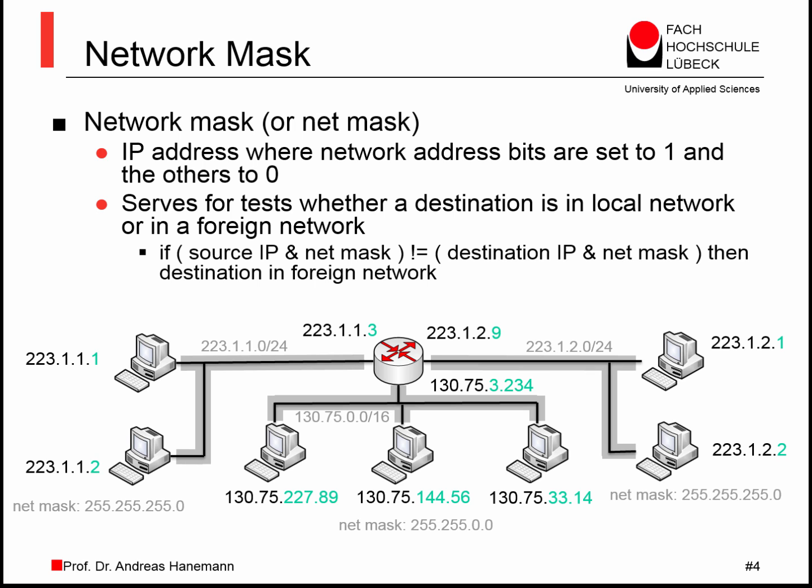The network mask is used to determine whether a destination IP address belongs to the network of the source or not. The test that you see in the middle of the slide compares the network part of source IP address and destination IP address.